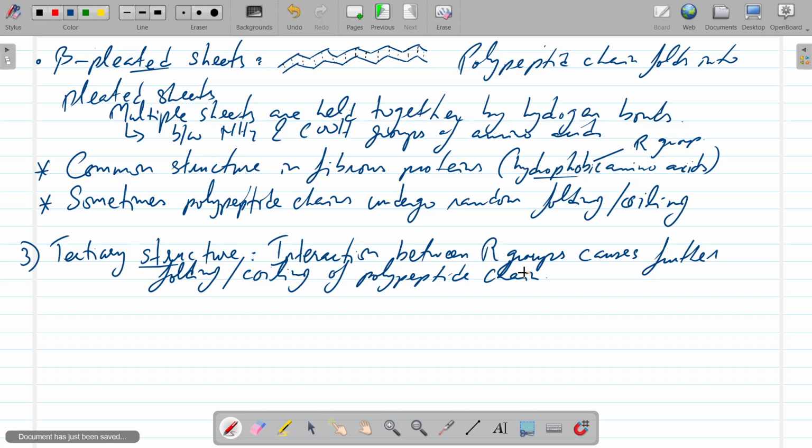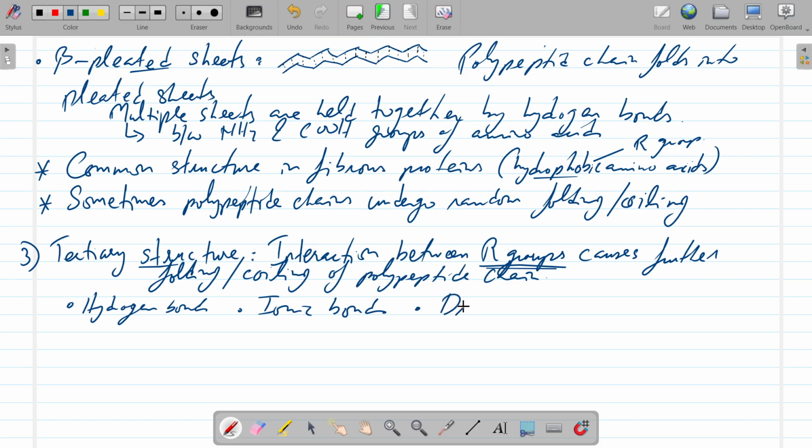And in this case, there's no particular shape to highlight, but the R groups are involved, and so we know that you either have hydrogen bonds, ionic bonds, or disulfide bonds happening. And so it is the tertiary structure that is the level of organization at which the R groups become involved in the structure of the protein.